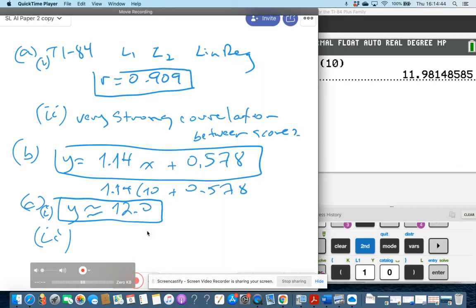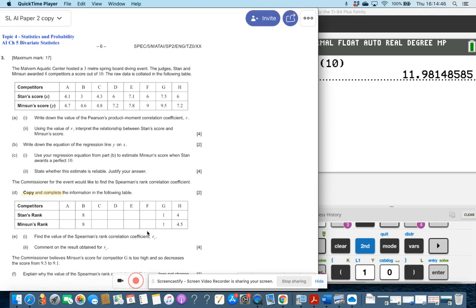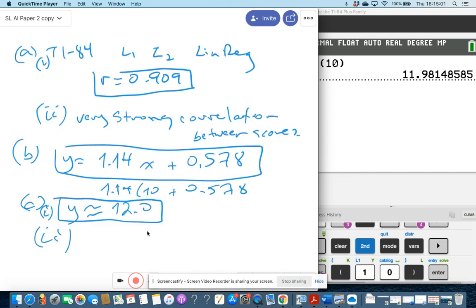You don't see any marks here that are 10. The highest mark that Stan gave, coming next actually, is 7.5. So I would say that it's not reliable, and it's because it's outside the range of data.